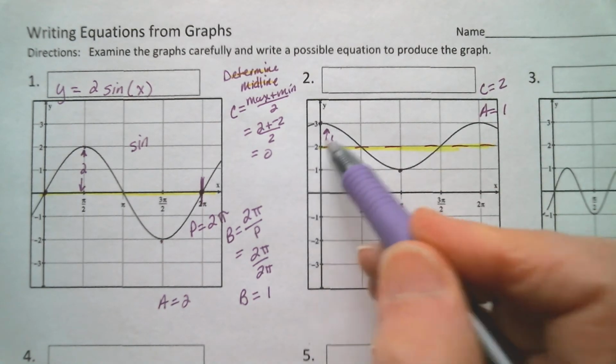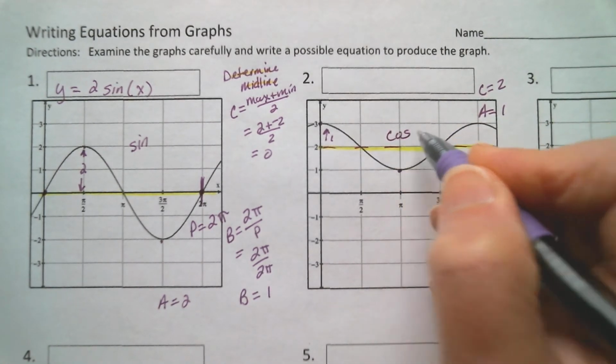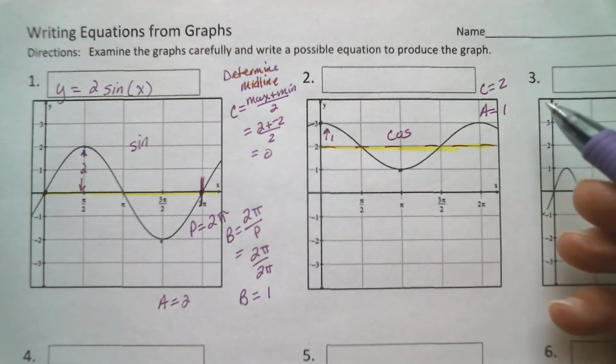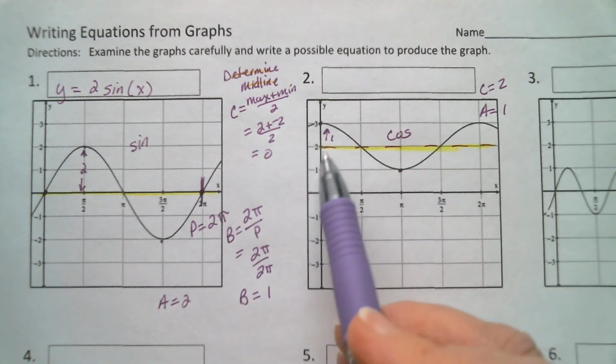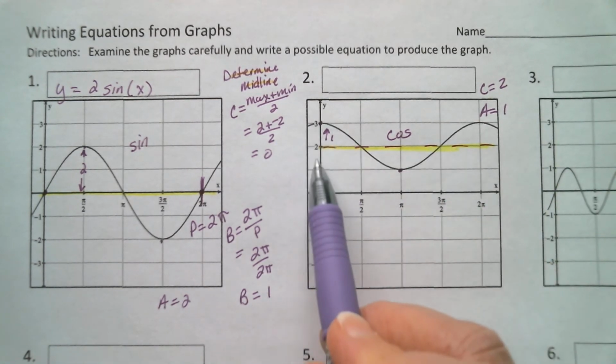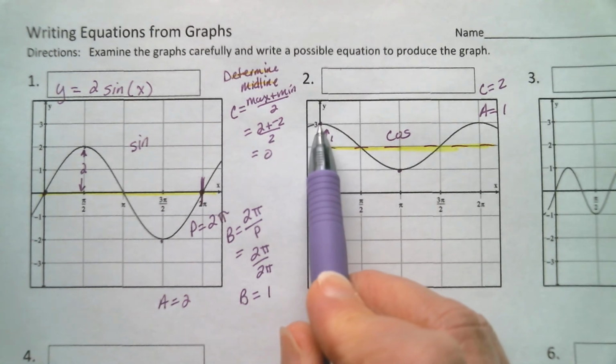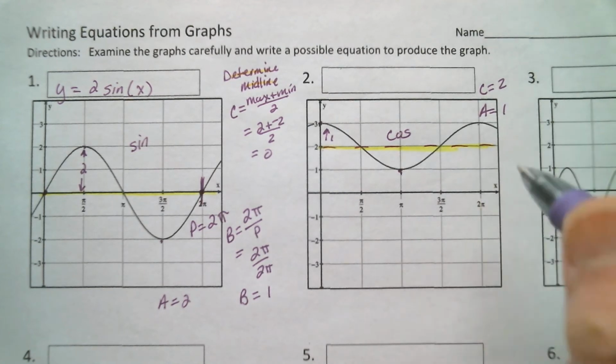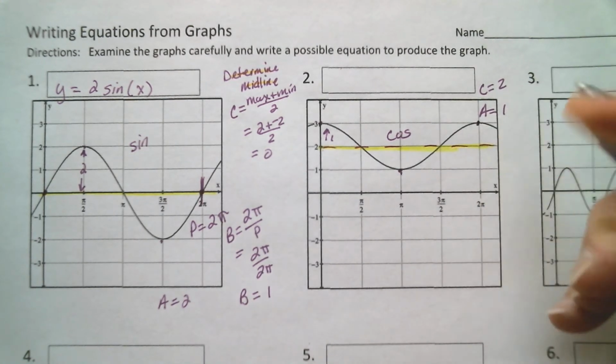And it is a cosine function. So now we need the period, or sorry, the B value, using the period. Cosine starts at max, comes down to min, back at max, right here.